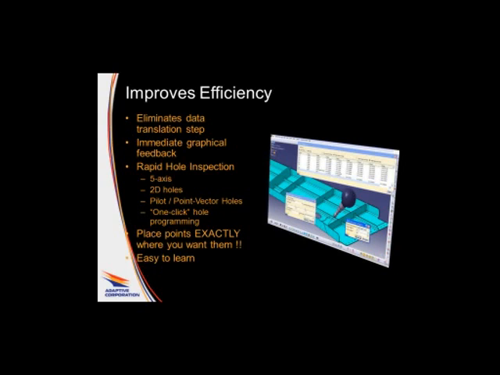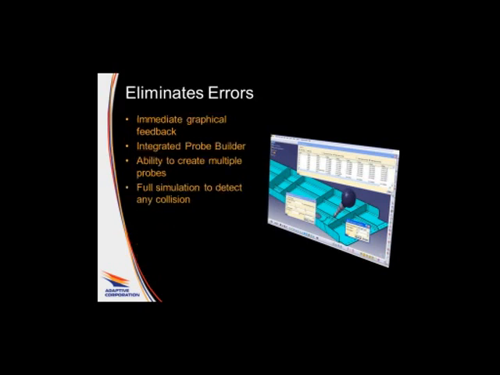A lot of times old V4 models from Boeing used to just supply a point and a vector. We can handle that. And we can lay our points down exactly the way it might be specified on a drawing. In other words, we could use section planes and engineering reference points to put the points on the model exactly. So it's very fast to create holes, and we could put exact engineering points on the model and on our CMM program.